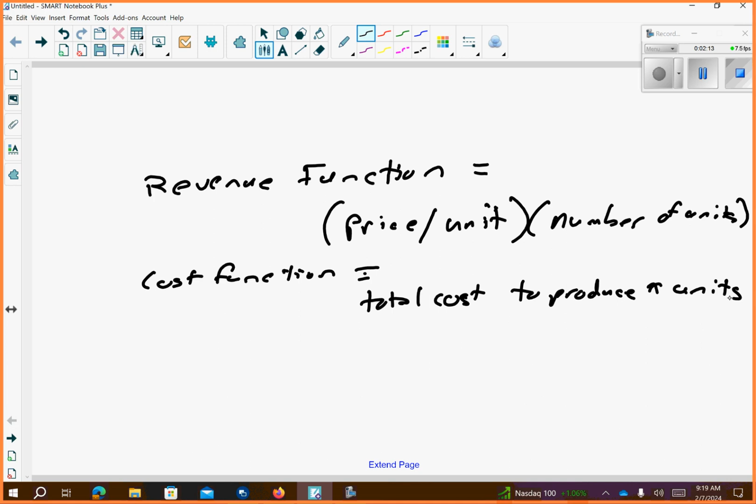And then let's see, fixed costs. What are my fixed costs? I'm losing where my fixed costs are.